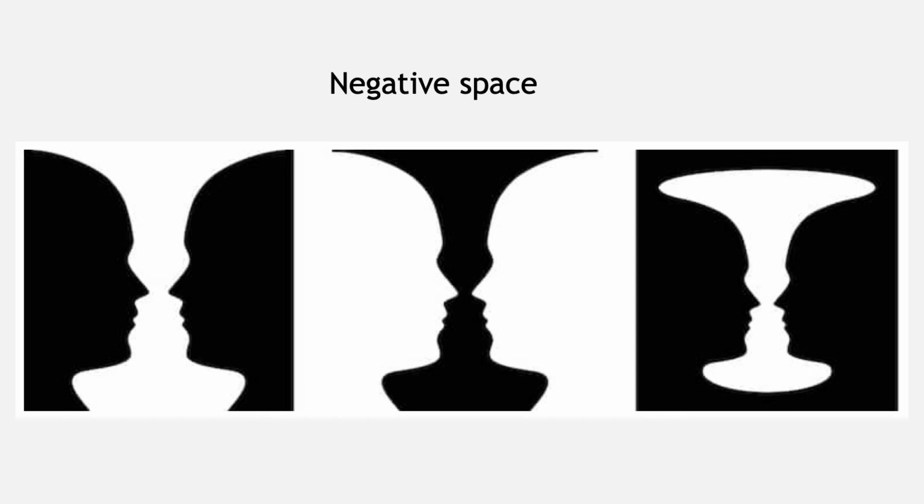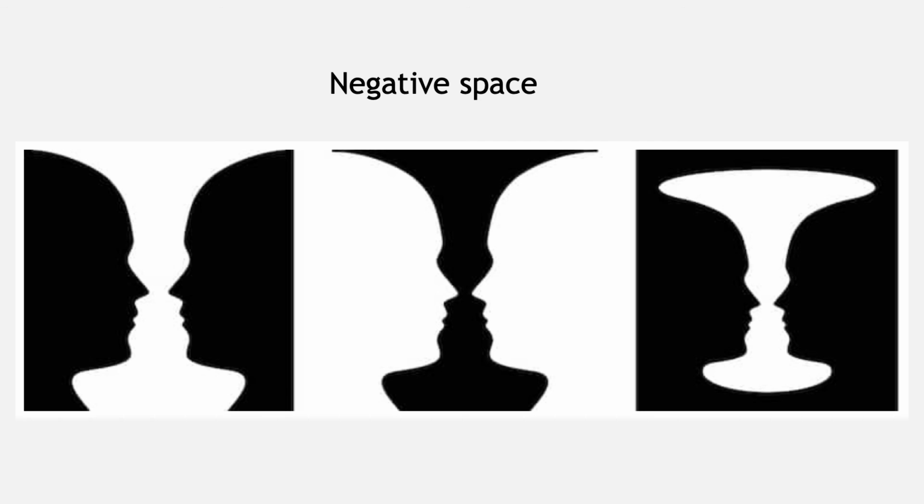Lastly, I wanted to talk about how space can be used as a drawing tool. So, there's this thing called negative space, which refers to the space in between or surrounding what you're drawing. So, if we look at the example at the bottom here, going from left to right, in the first image, there are two faces that are a silhouette in black, and the space in between them is white.